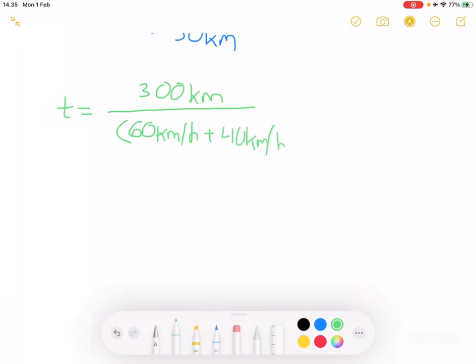As you may have guessed, this becomes 100 kilometers per hour, and the final result will be 3 hours.